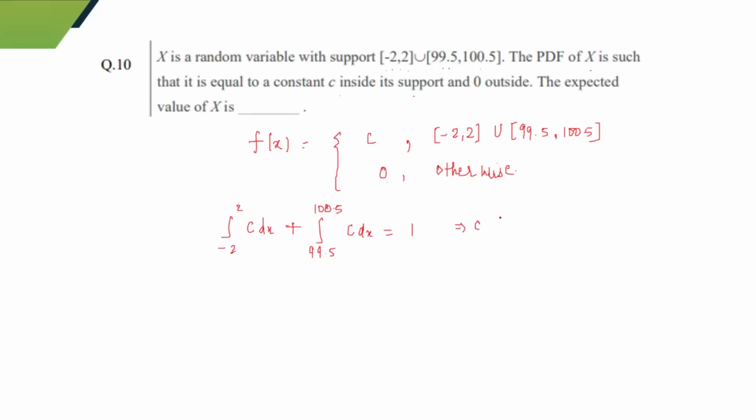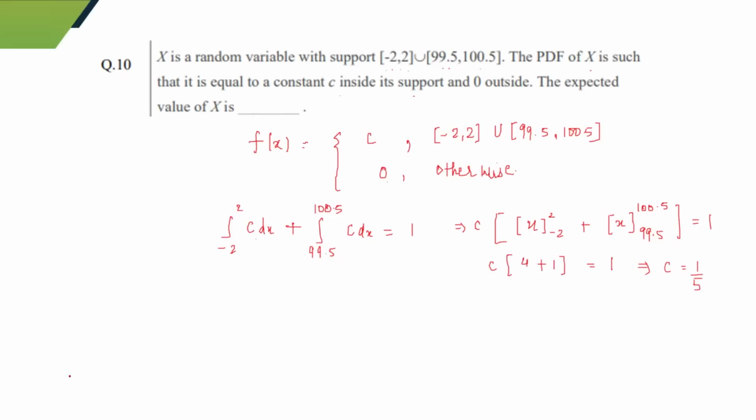Let's take c common, and integrating gives x from minus 2 to 2 and x from 99.5 to 100.5, and that equals 1. If I solve it, this value becomes 4 and this value becomes 1. I'll get the value of c as 1 upon 5. So I get the c value.